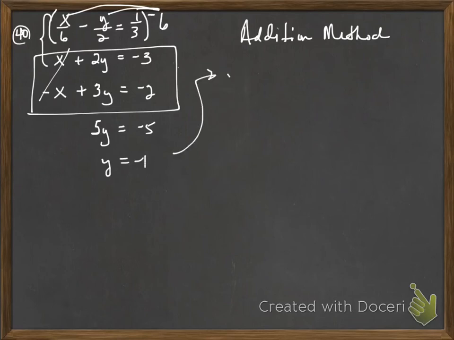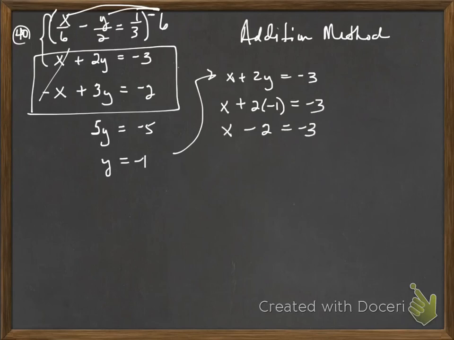Pick any original equation. I'm going to pick the second one. And x comes out to be negative 1 when y is negative 1. So that would be your solution.